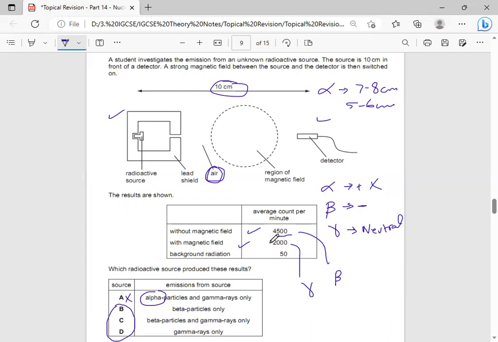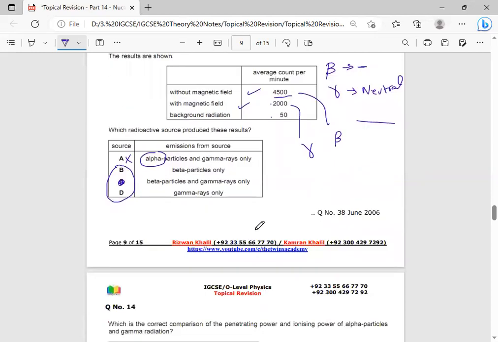So if this was equal to background radiation, then only we would select option B. Now since beta is deviated but gamma rays always travel straight, either in the presence of electric field or magnetic field, because they are neutral rays, which option is correct? Option C is the correct answer.